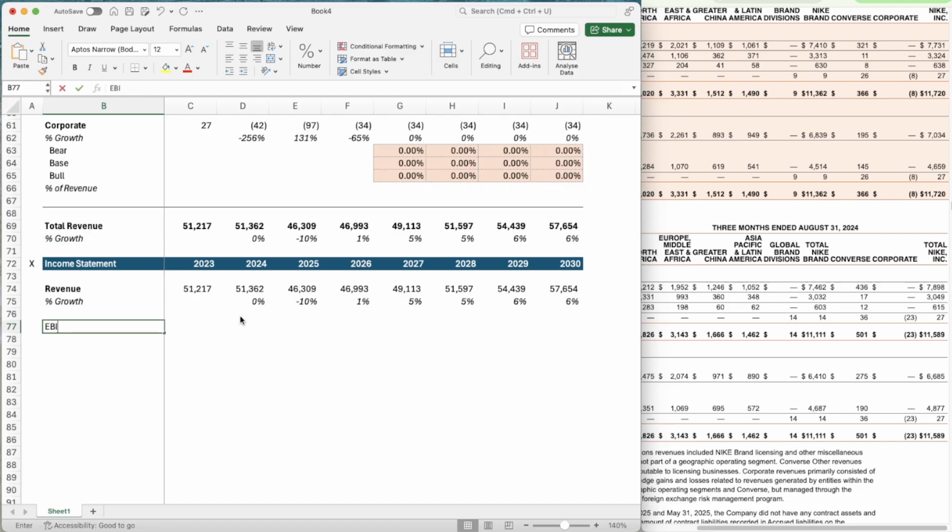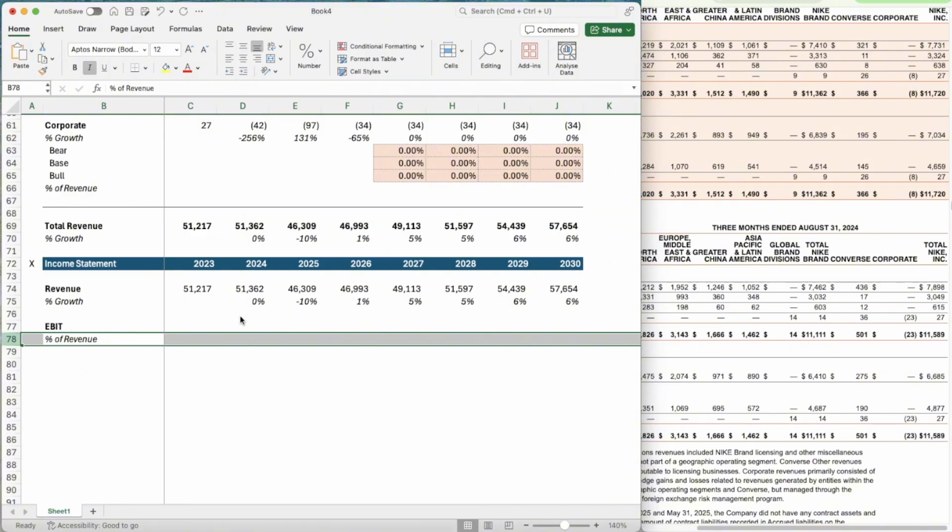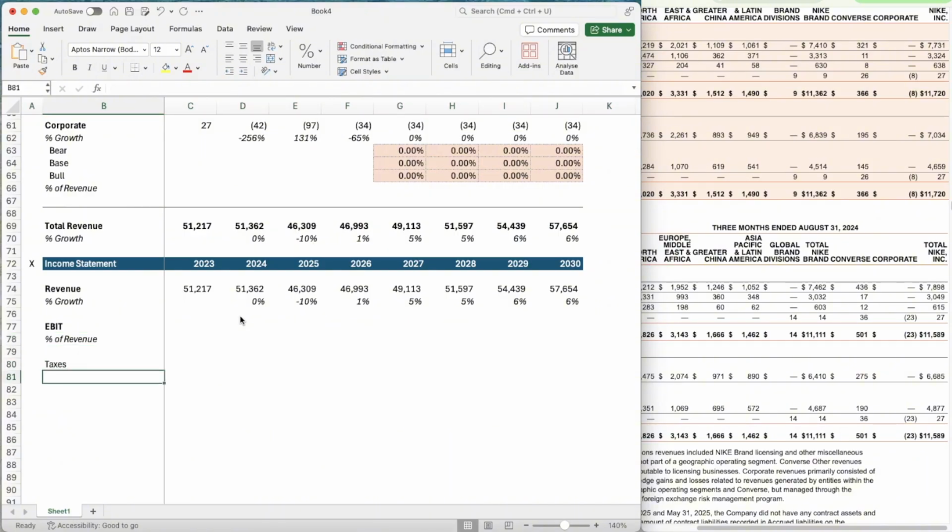The next section we look at is the EBIT. We want to know what this is as a percentage of revenue. Then we want the taxes paid for the year, because we're doing a free cash flow to the firm. So we're looking at how much cash flow Nike will produce for both the debt and equity holders.